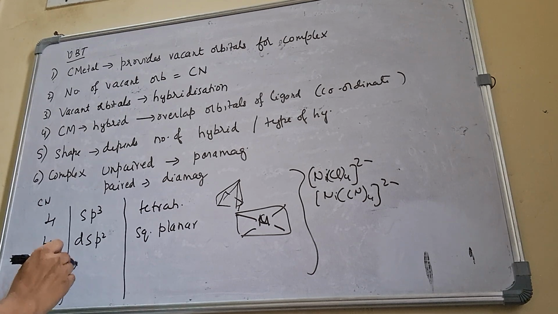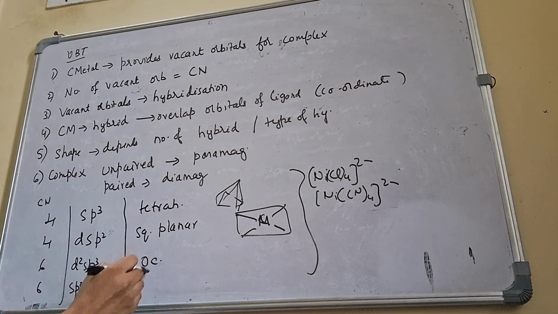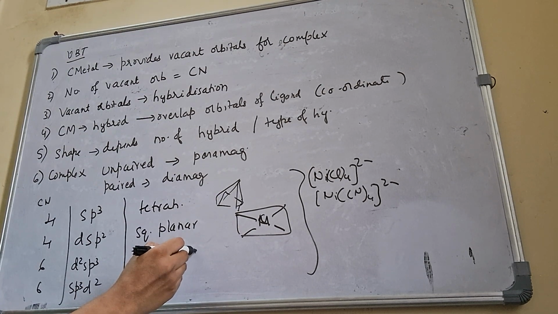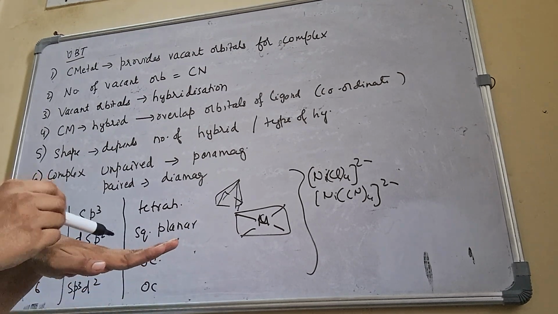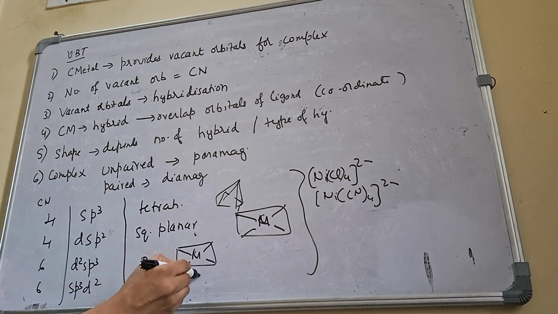And if it is 6, it can have two possibilities, d2sp3 and sp3d2. Both of them have octahedral shape. Octahedral is like the metal at the center, and the 4 ligands will be in a square plane, and the other 2, because there are 6 ligands, will occupy the top and bottom.